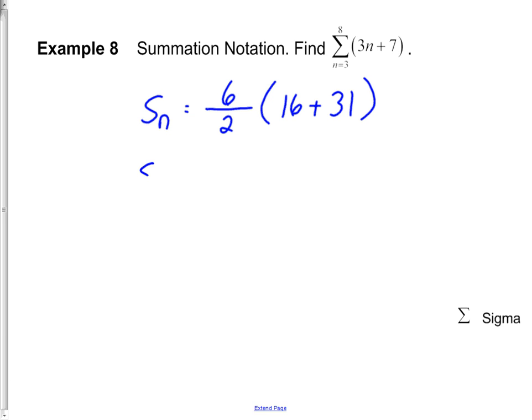So the sum of the first 6 terms of my series will be 3 times 16 plus 31. That's going to be, let's see here, 47. So the sum of the 6 terms of my series, 3 times 47, should give you 141.